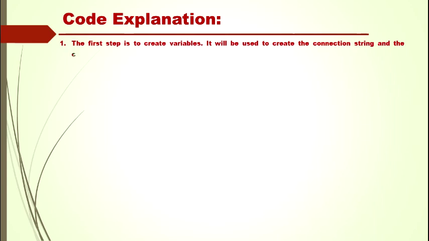See this, a code explanation according to the points. First, the first step is to create a variable. It will be used to create the connection string and the connection to the SQL Server database.